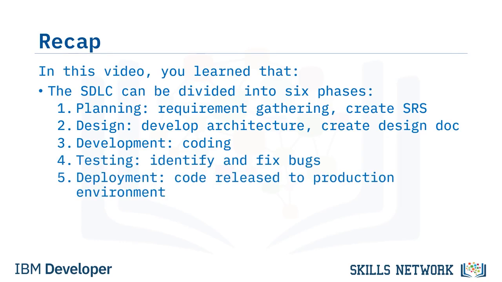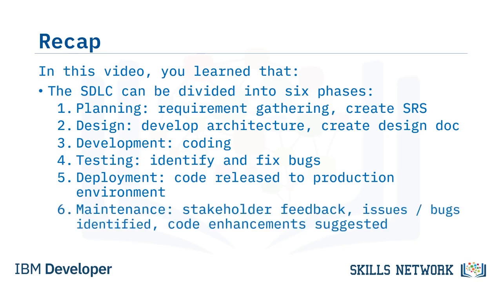Deployment is when the code is released to the production environment, and finally, in the maintenance stage, feedback is collected from stakeholders, other UI issues may be identified, and code enhancements suggested. And this information can be fed into another software development cycle if necessary.